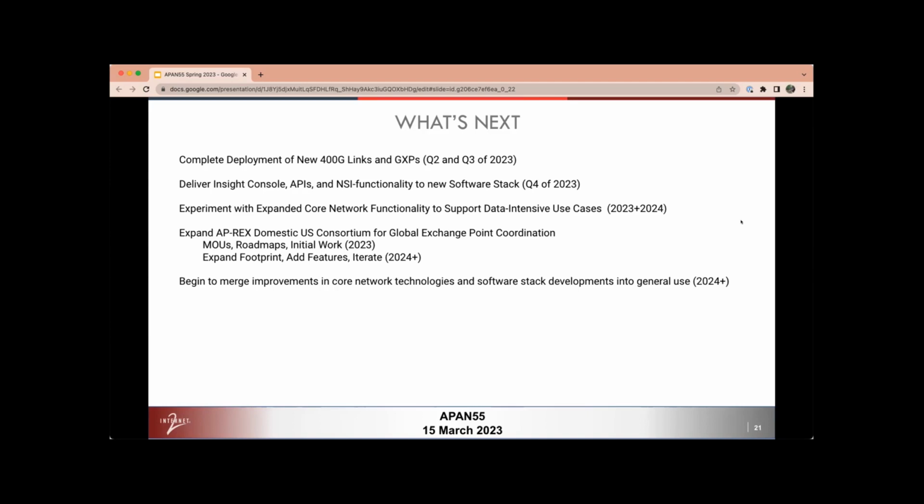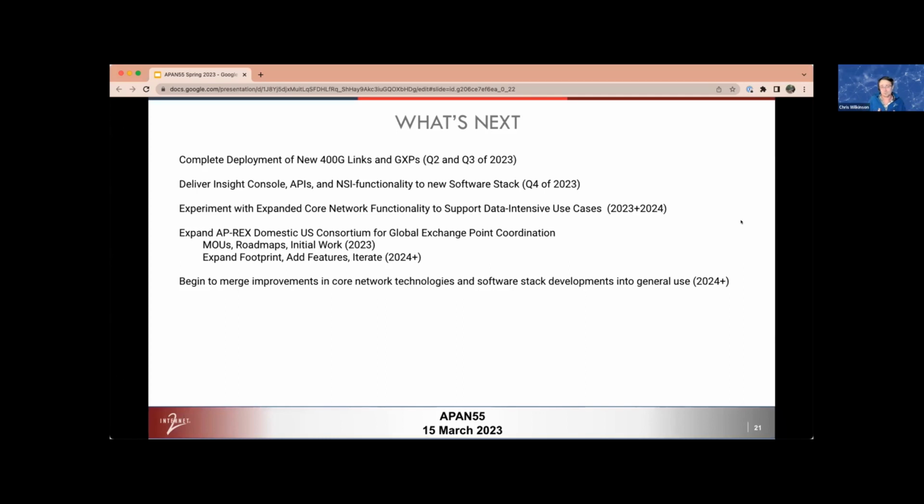We're going to experiment with some of these use cases that I showed you in the previous slide throughout this year to support some of these sort of data intensive use cases and then some of the more extended operational transit use cases, looking at that in 23 and 24.